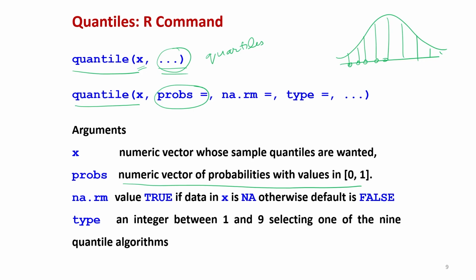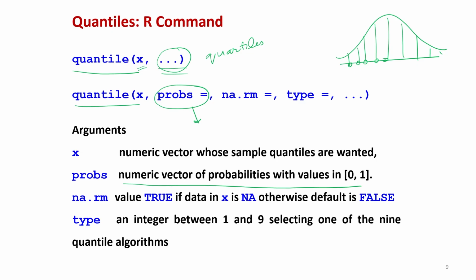If I draw a frequency curve using the relative frequency, then the area under the curve will always be equal to 1. So now if I want to find, say, a percentile or decile, I simply have to specify the values of probs, right?